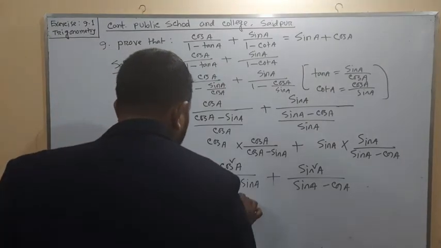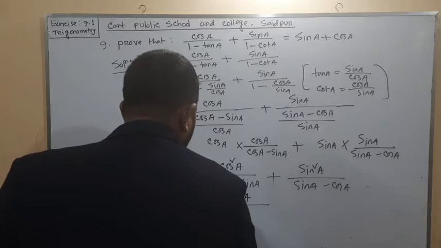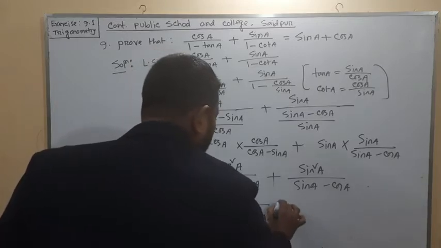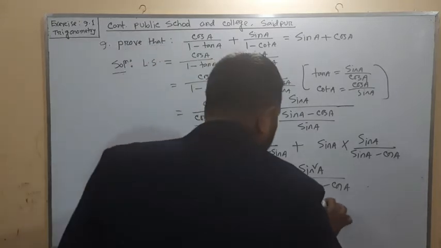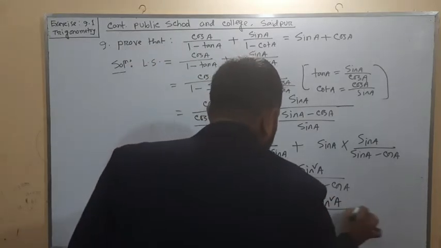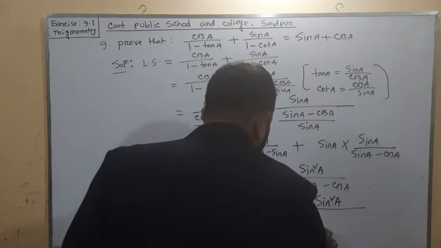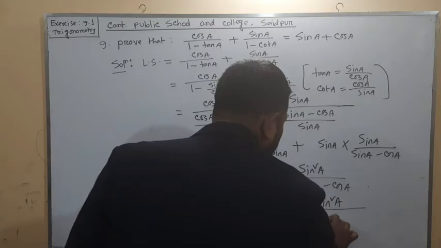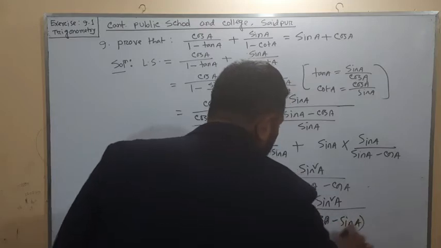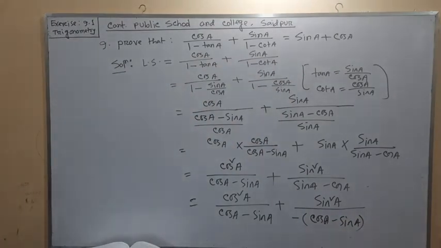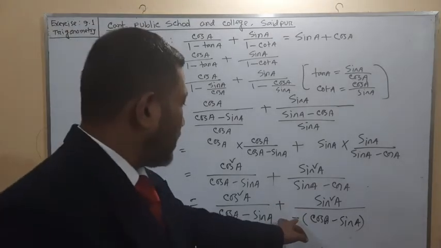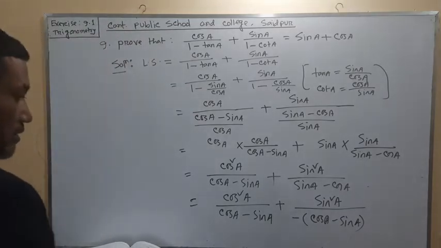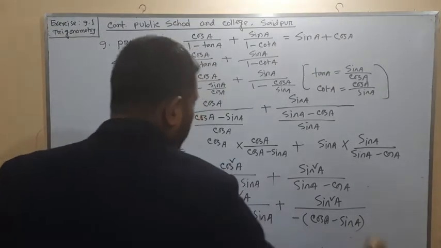I am doing this: cos square A minus sin square A. If we take common minus, then we can write here cos A minus sin A. Here minus and minus will be plus.